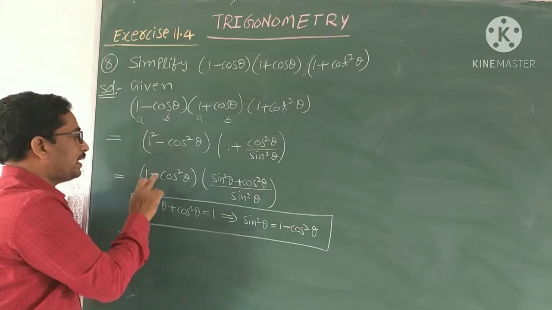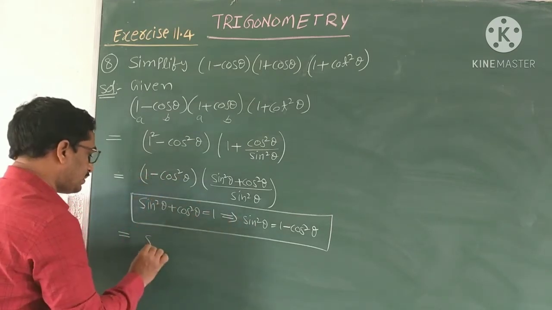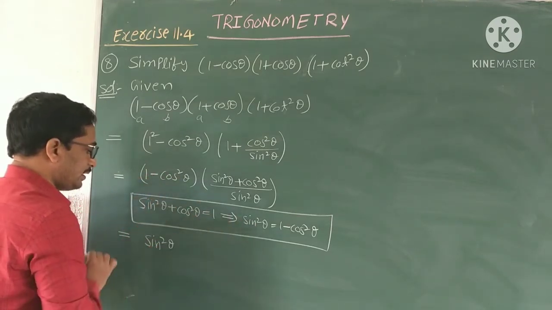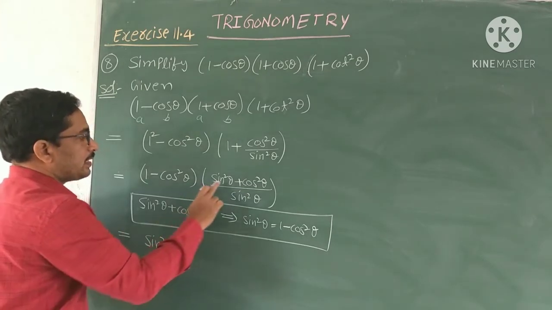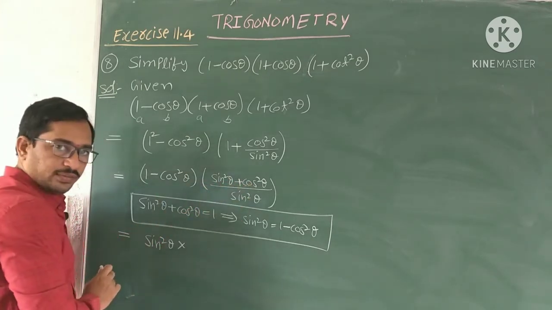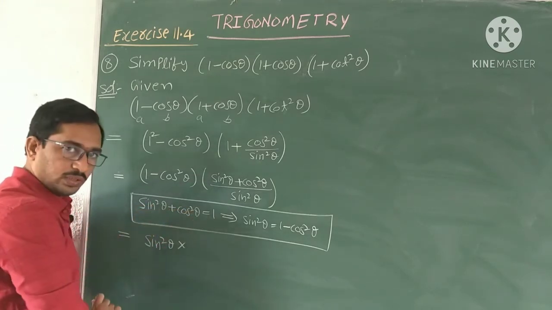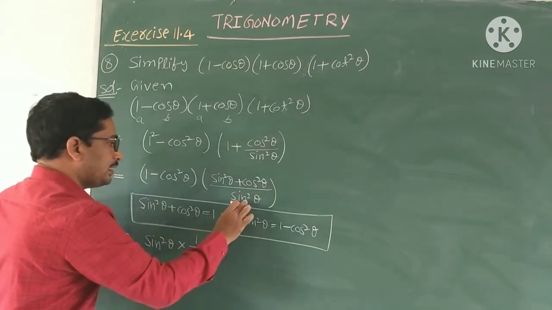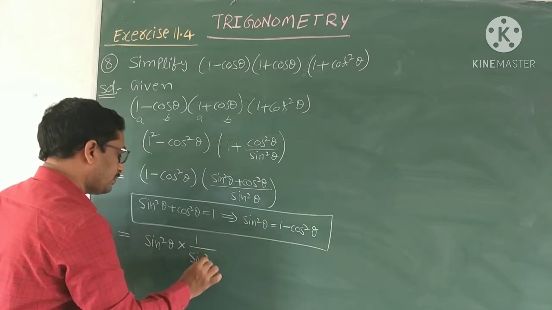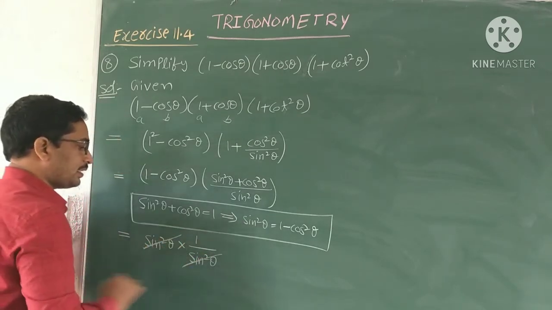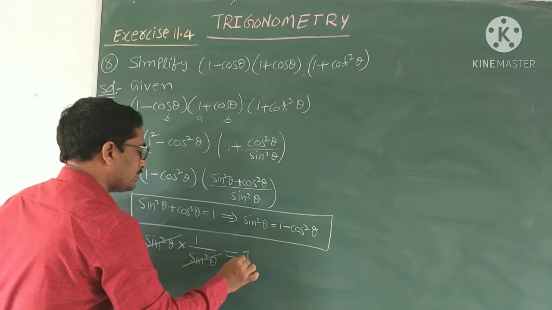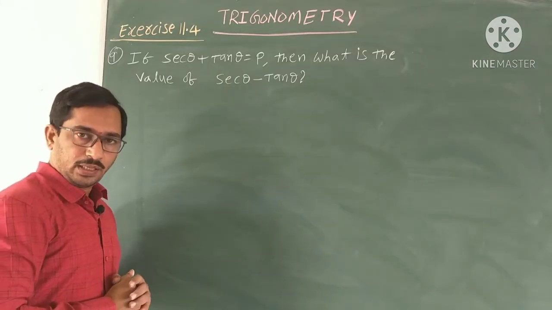In place of 1 minus cos square theta, write sin square theta. Sin square theta into sin square theta plus cos square theta value. From identity 1 again, sin square theta plus cos square theta value is 1. So 1 by, the denominator is sin square theta, so sin square theta cancels. The answer is 1.